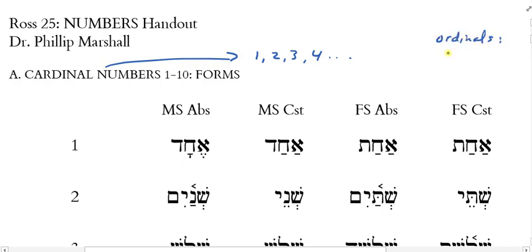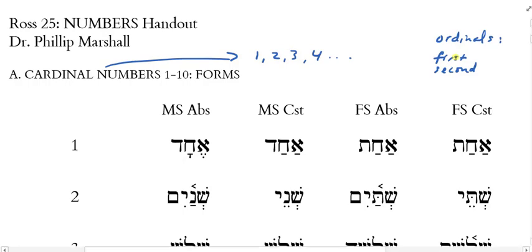They are giving you the order of things in a series, so first, second, and third, and so forth, okay? So we're going to really focus our attention on the cardinals. Ross, in chapter 25, interrupts the cardinal numbers with ordinals for some reason. I don't understand why. We're going to delay ordinals until we get to the end, and after we've completely taken care of the cardinal numbers.